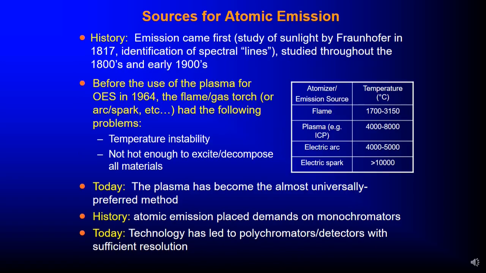Sources for atomic emission. You can see the flame, whose temperature is not very high compared to plasma, which is a much higher energy source. Then we have electric arc, then we have electric spark. Majorly we use the plasma.